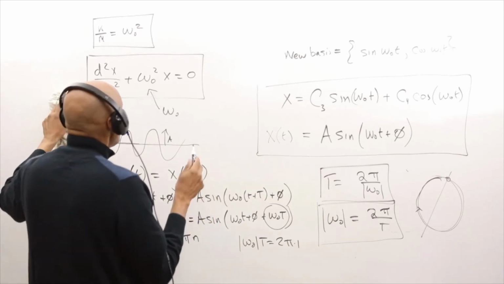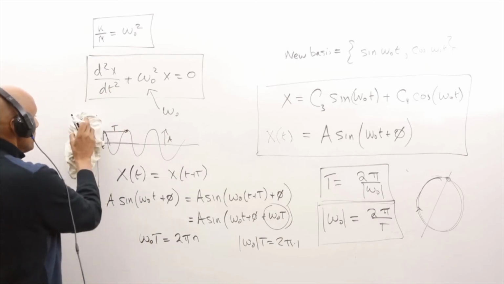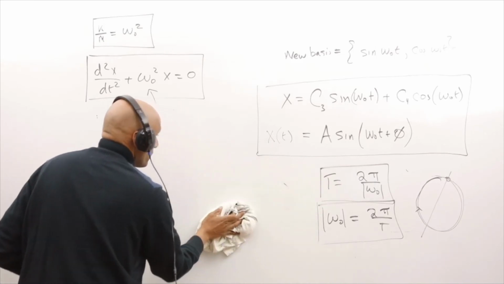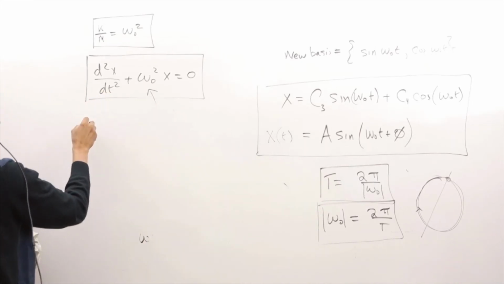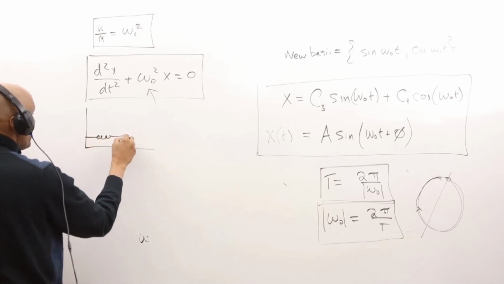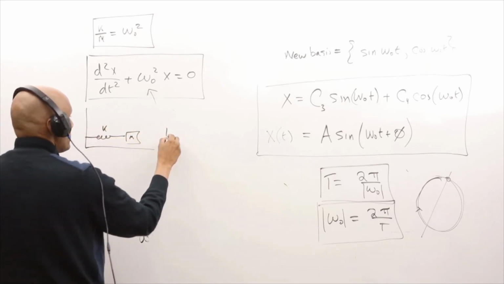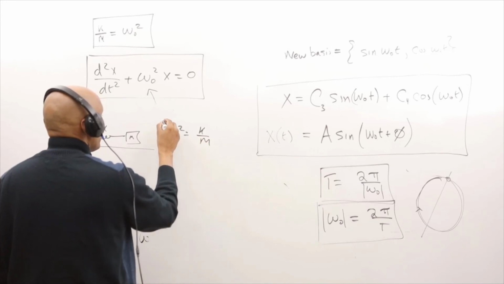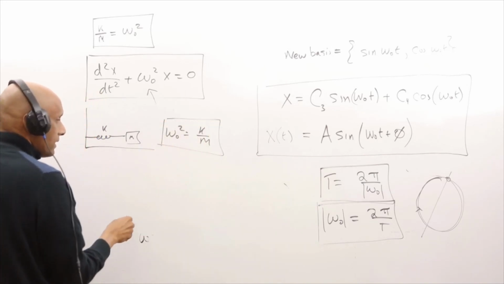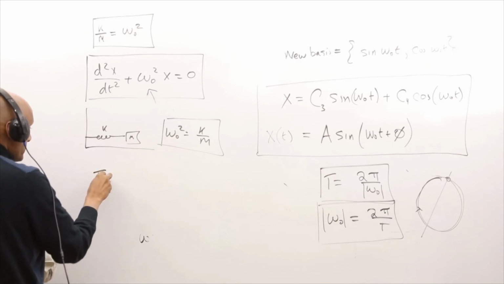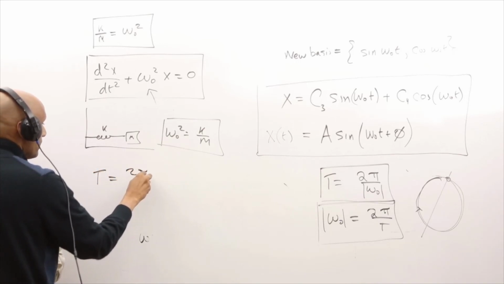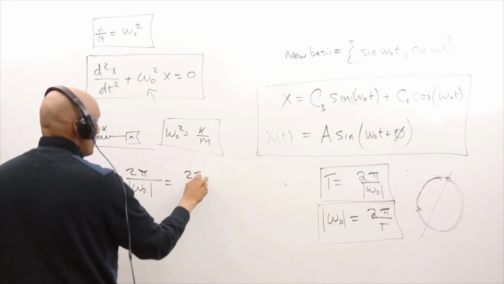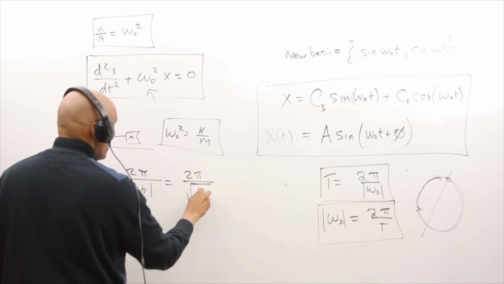Specifically, we can plug it into our original differential equation, so let me erase all the unnecessary stuff. Our system originally had a spring system consisting of a spring attached to a mass, and we said that omega squared is equal to k over m. So we can substitute it in, and we have that the time period is equal to 2 pi over the magnitude of omega_0, but omega_0 is equal to the square root of k over m.